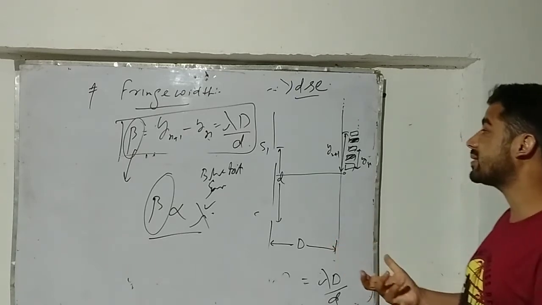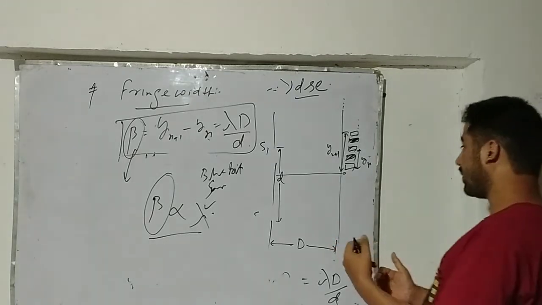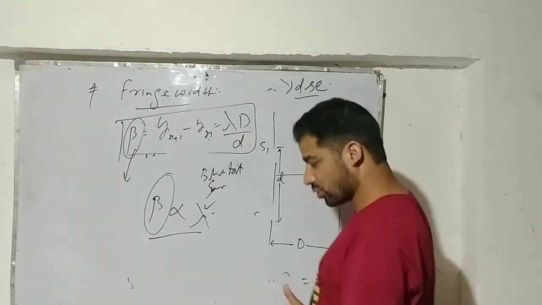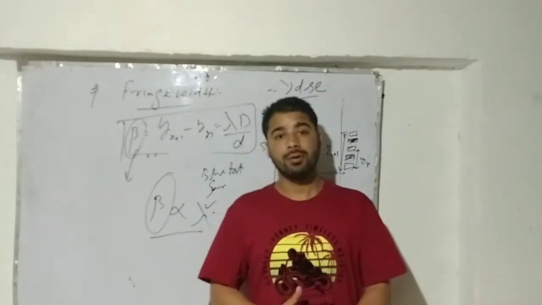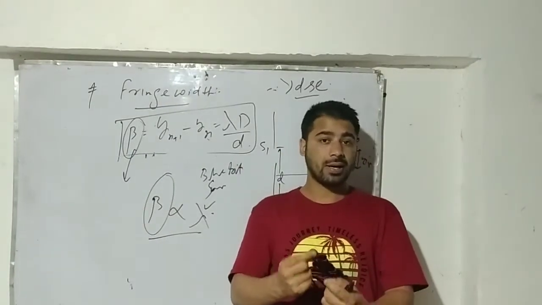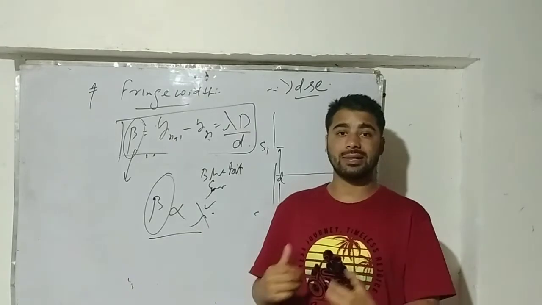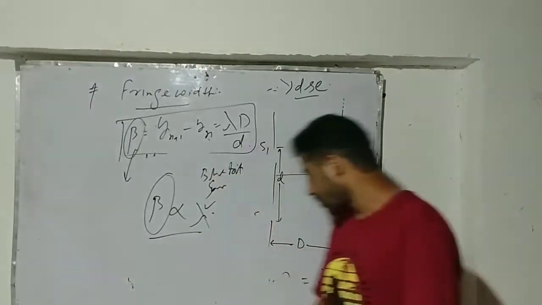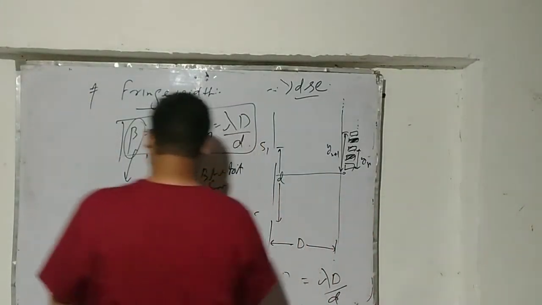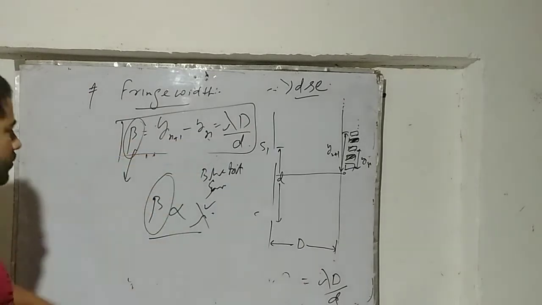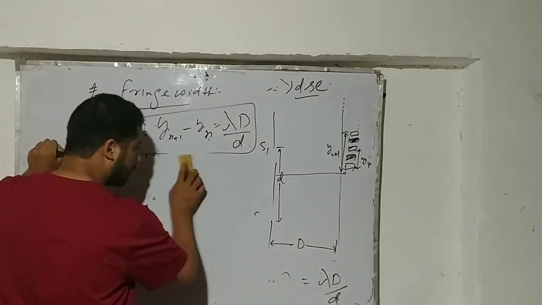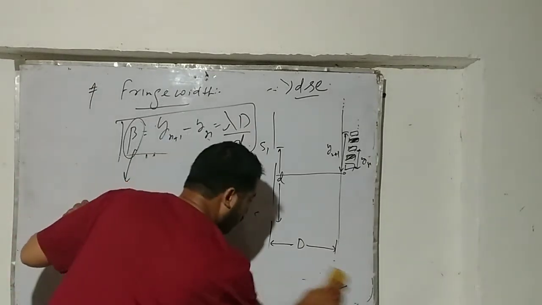What does it mean? It simply means the distance between two successive bright or dark fringes will be entirely lesser in the second case than the first. So this was good physics content in the question, where we can use this concept and get a very important thing.